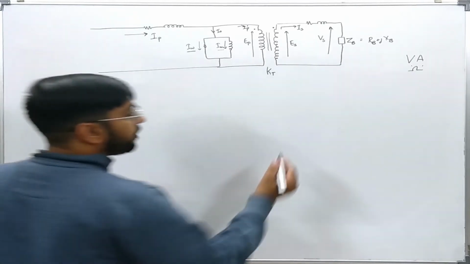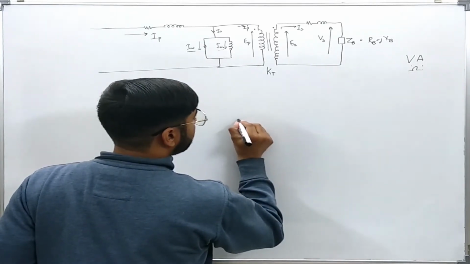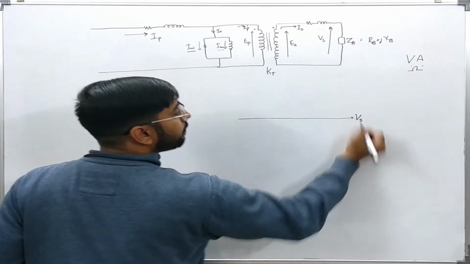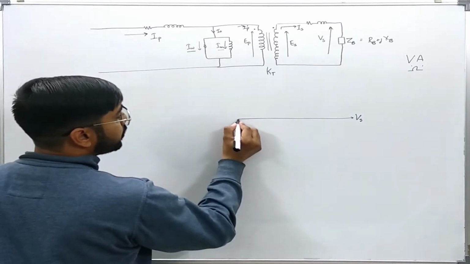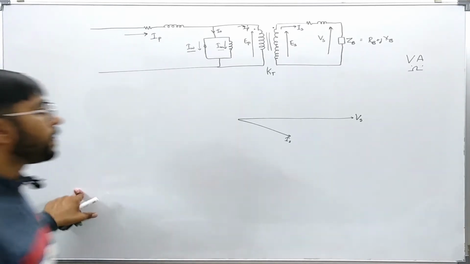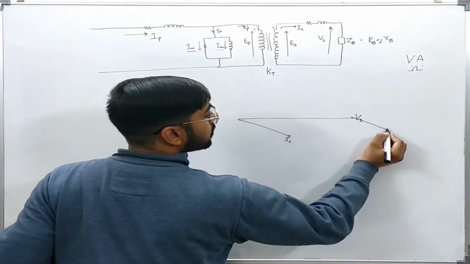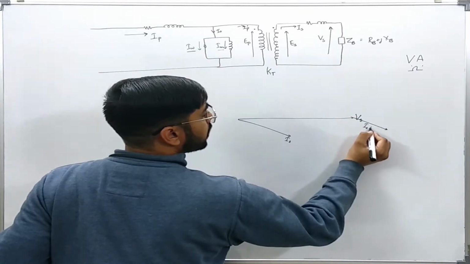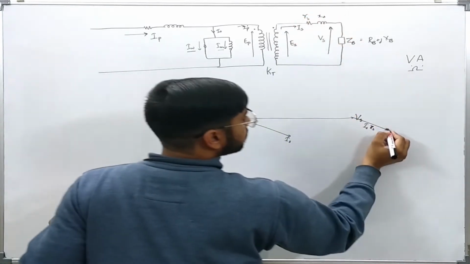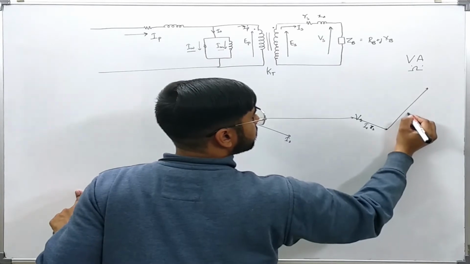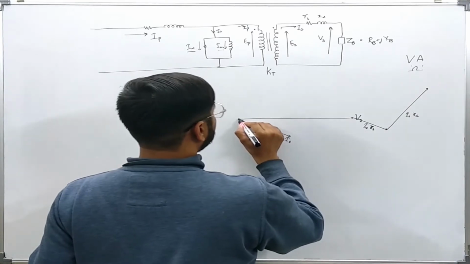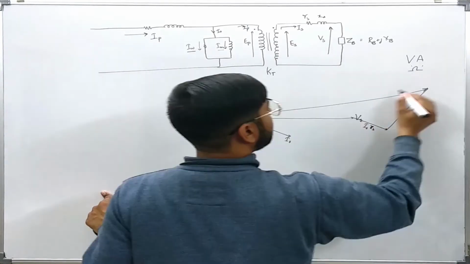As usual, we will start from the terminal voltage on the secondary side, although we will not use Vs after this. Let us say this is Vs and this is Is, the secondary side current. So Vs plus Is into Rs plus Is into Xs gives me Es.